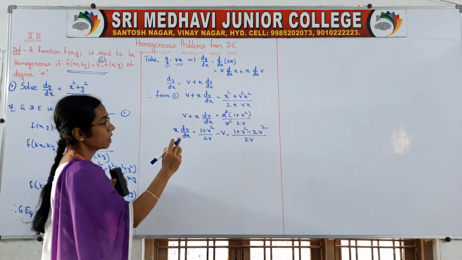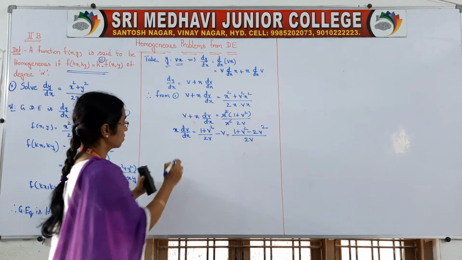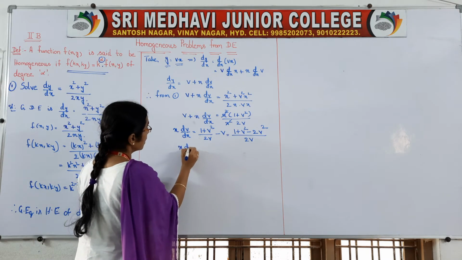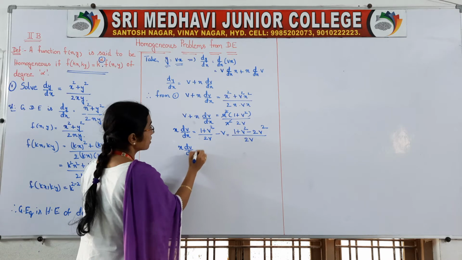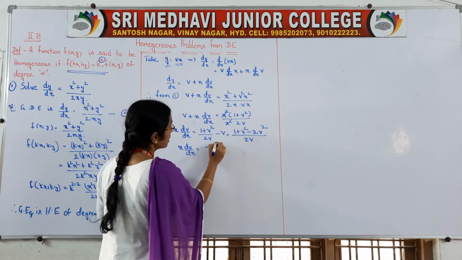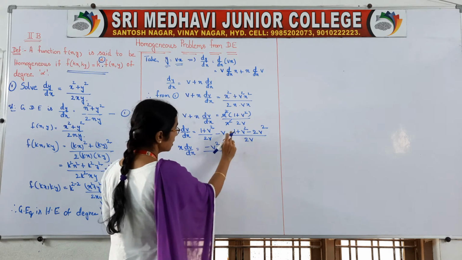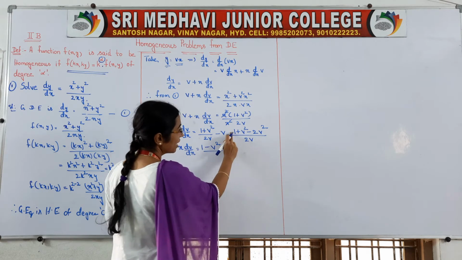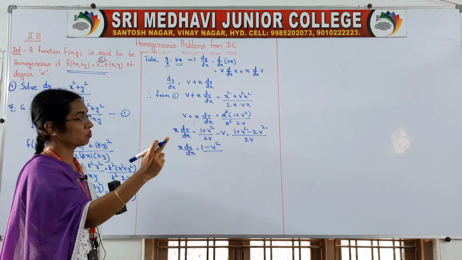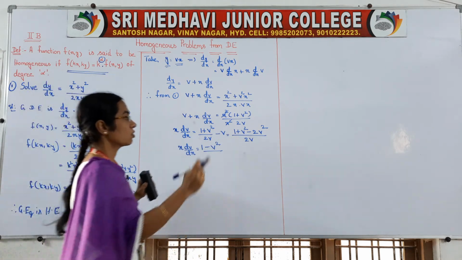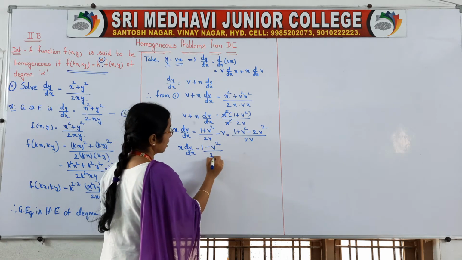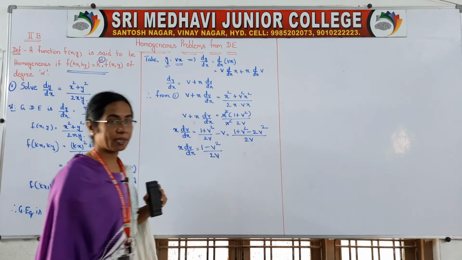So v square minus 2v square is minus v square. So x dv by dx is equal to 1 minus v square by 2v.